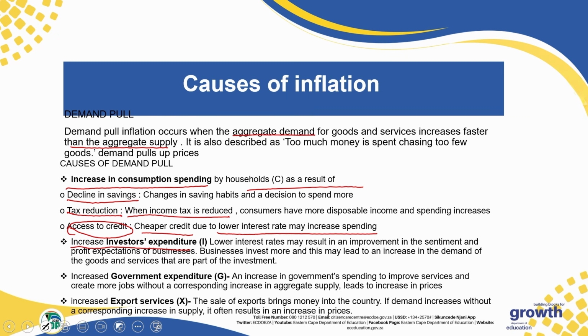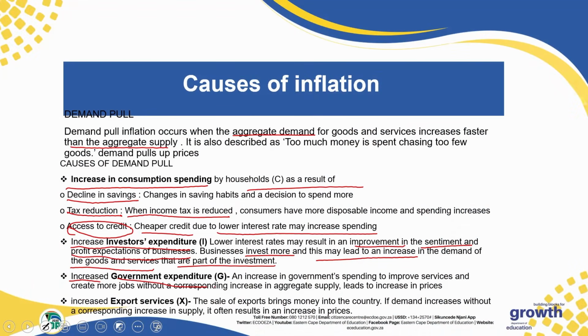Demand-pull inflation is also caused by an increase in investors' expenditure, which means that lower interest rates may improve the sentiments and profit expectations of businesses. So if businesses invest more, it may lead to an increase in the demand for goods and services that are part of their investment.